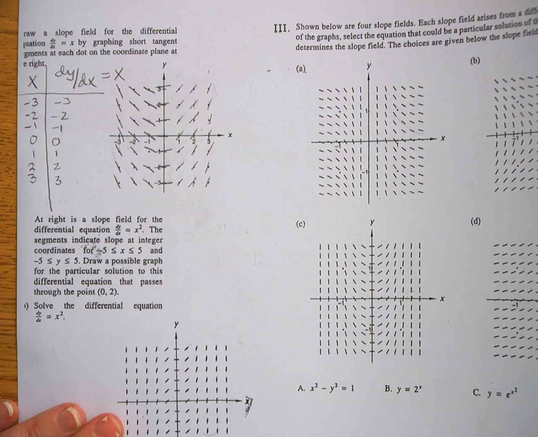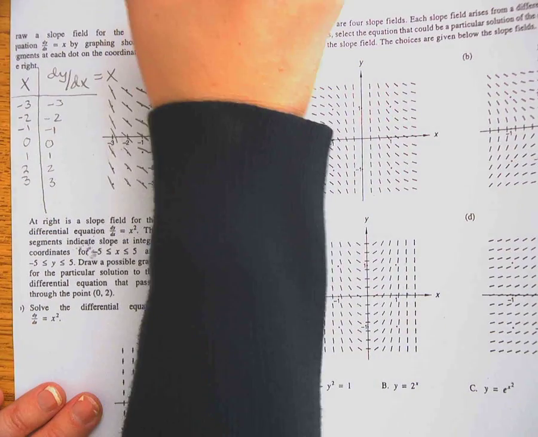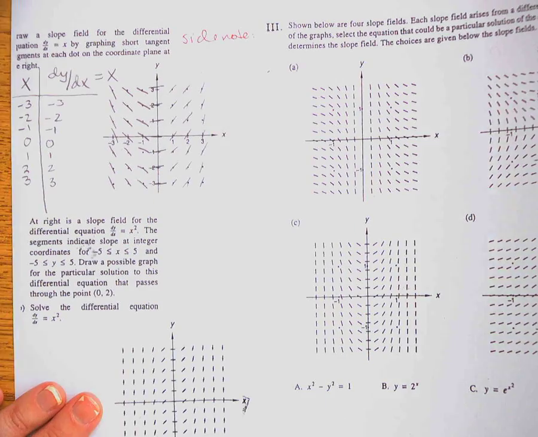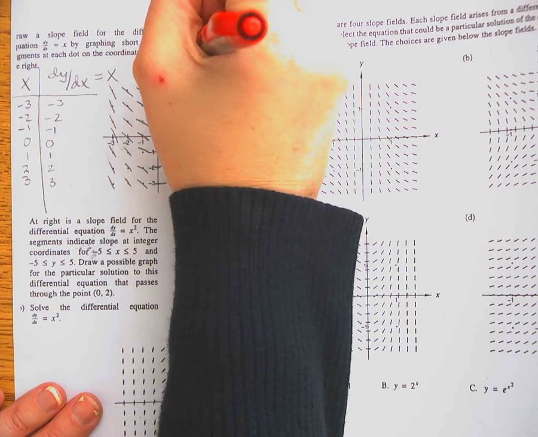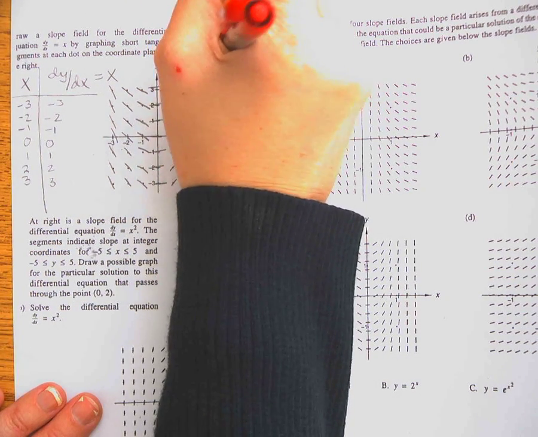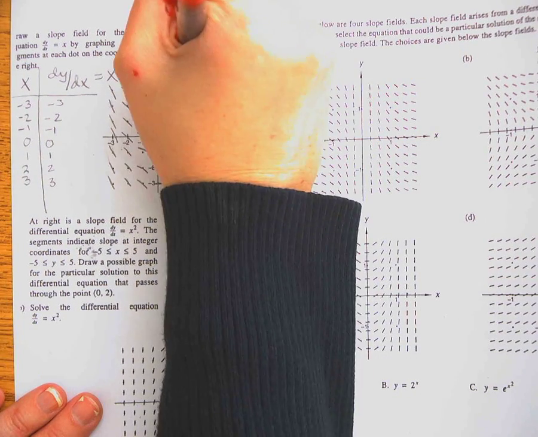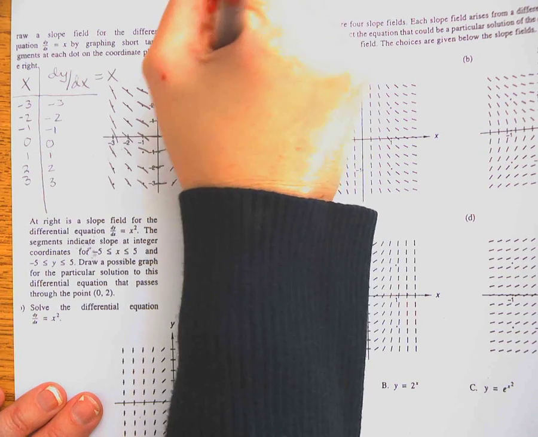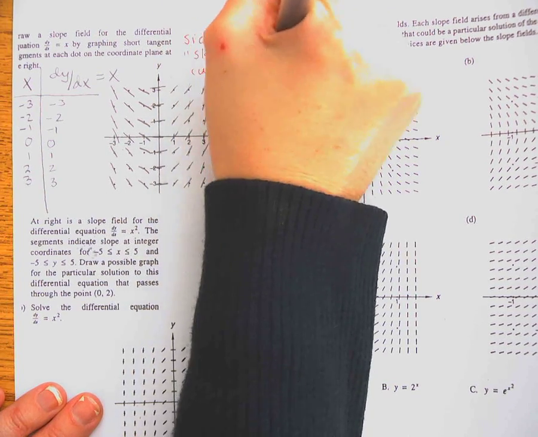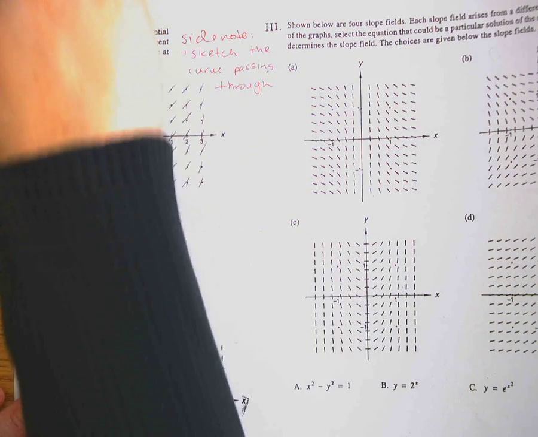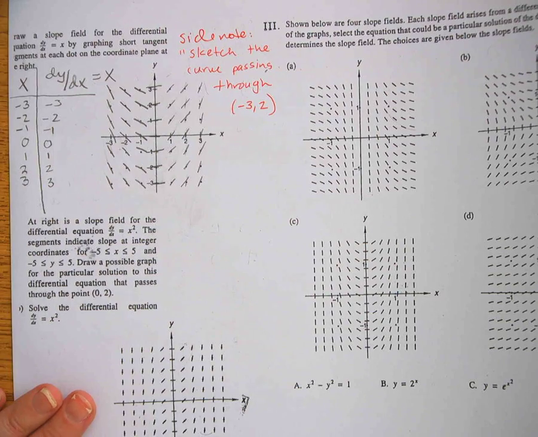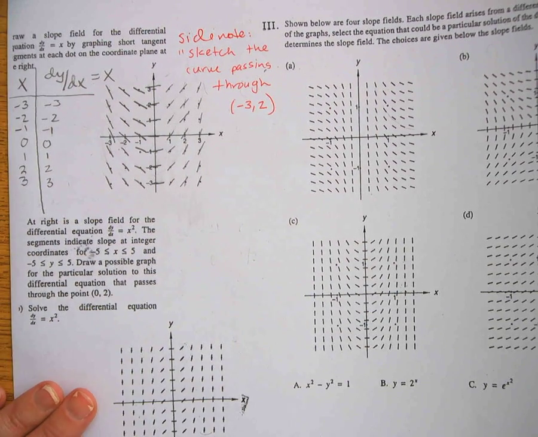And sometimes, like for example, in the homework, so this is sort of a side note, sometimes you'll be asked to, quote, sketch the curve passing through a particular point. And so for this example, I'll have it go through negative 3, 2. So sketch the curve passing through negative 3, 2.